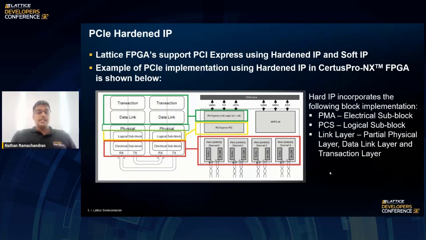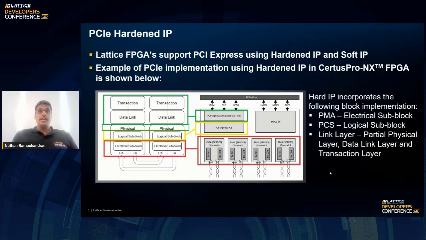In this example, the device that I've chosen is one of our latest devices, which is the SerDes Pro NX FPGA. As you can see, the protocol stack for PCIe or PCI Express defines three layers: the physical layer, the data link layer, and the transaction layer.